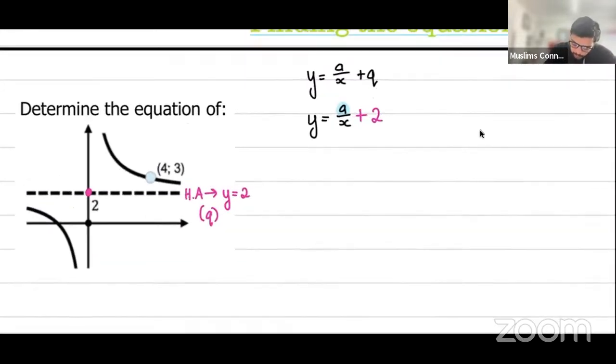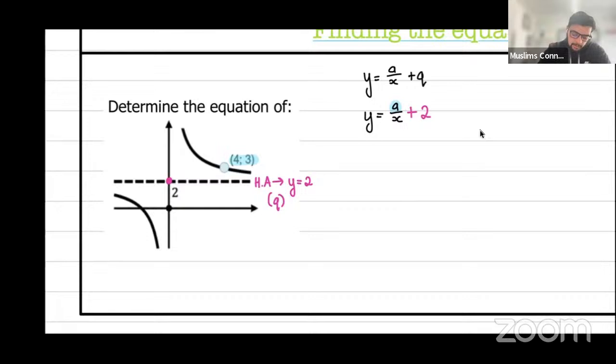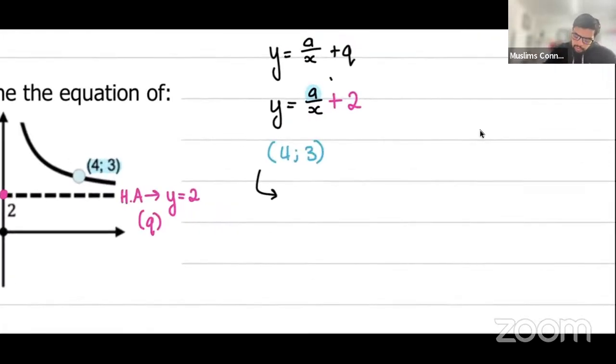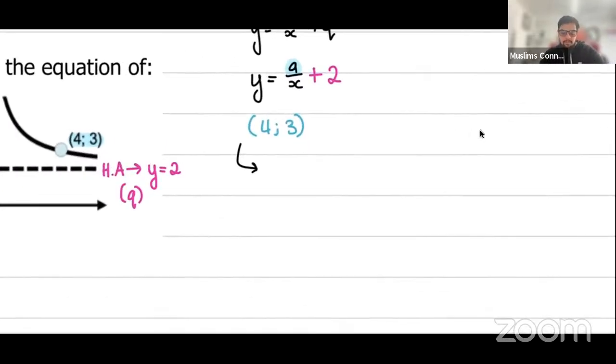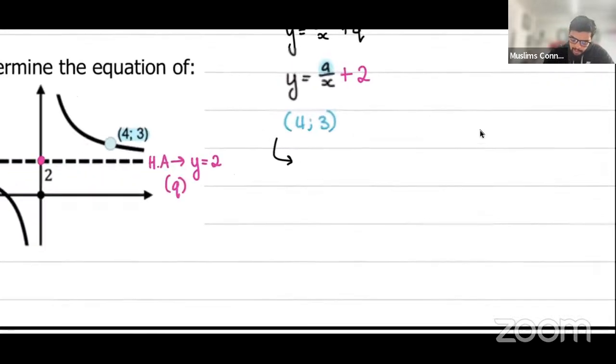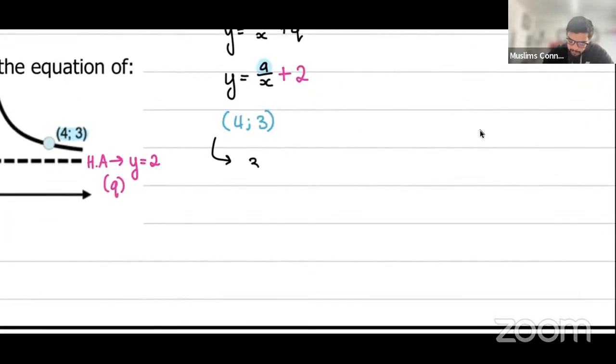That was the point of why they gave us the additional coordinate, 4 and 3. We can substitute it in, and our only unknown will be a, and we can then solve for it. Whenever you have one unknown in the equation, you'll need an extra coordinate to sub in to solve for that unknown. Here they gave it in the form 4 and 3, so y is equal to 3.